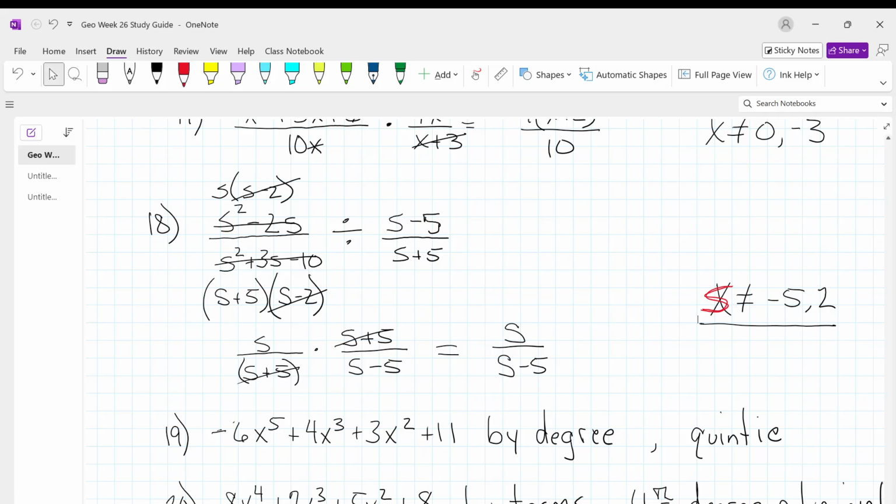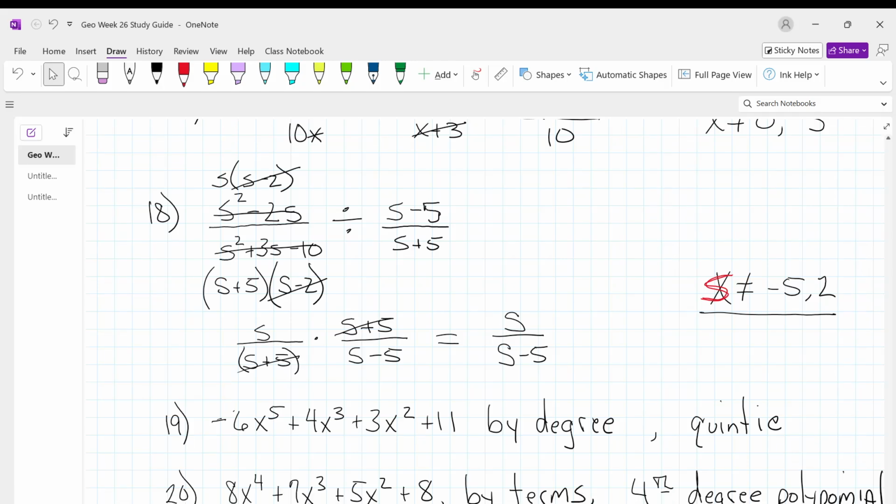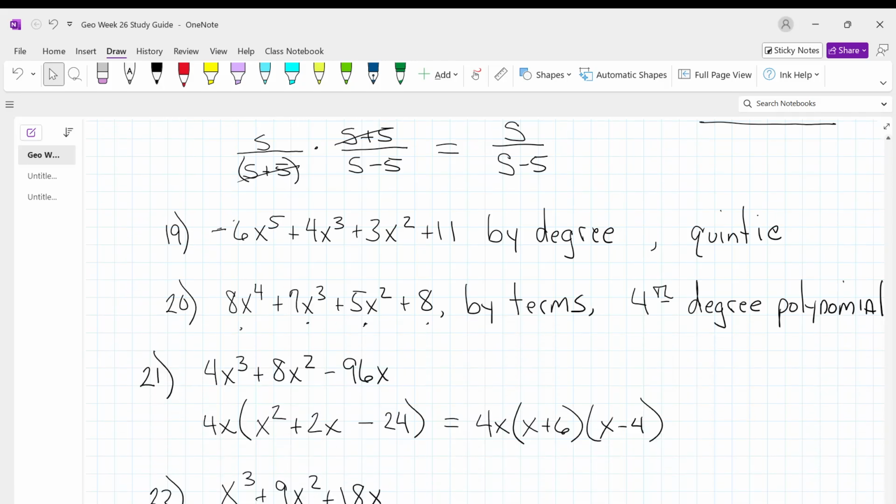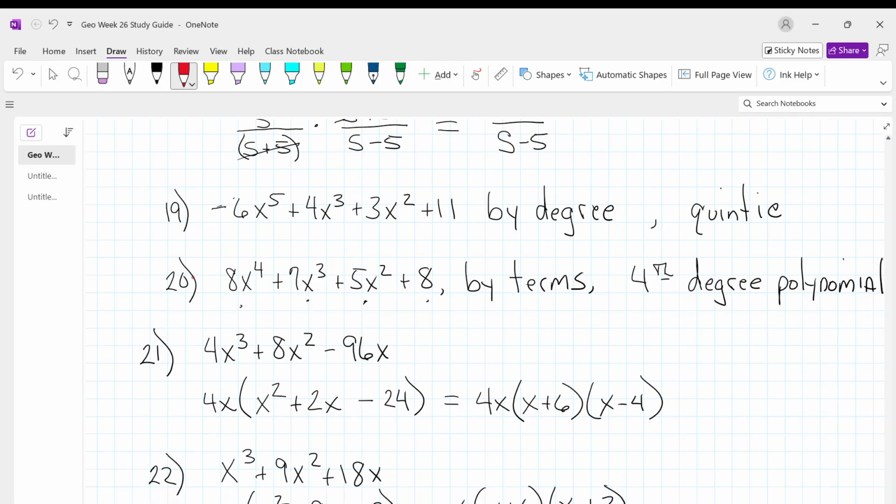And then on problem number 20, if we're naming a polynomial by terms and it has 4 terms, it's a 4th term polynomial, or a polynomial of 4 terms.